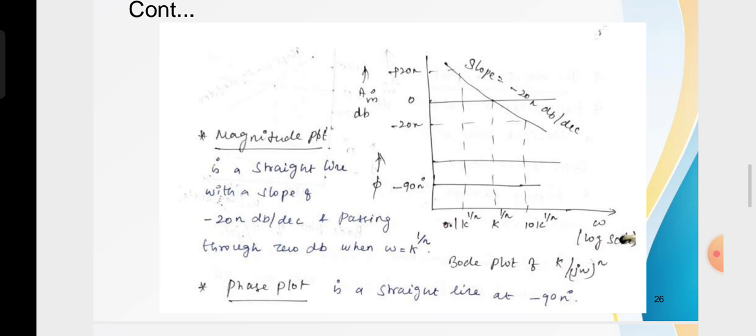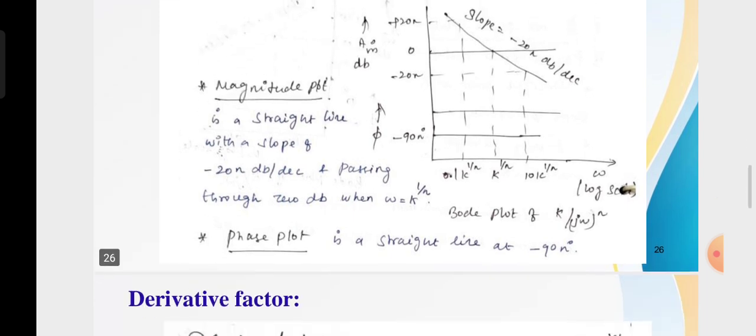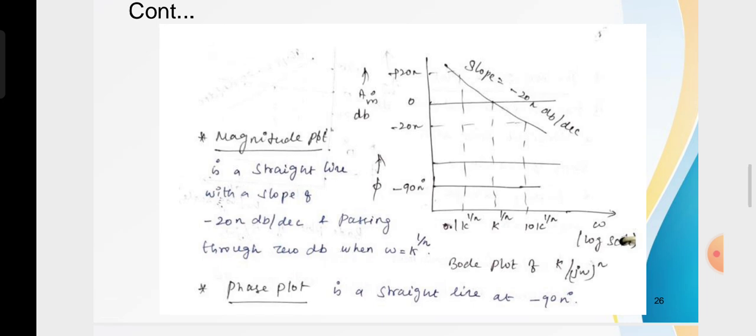When omega equal to K power 1 by n, we get 0 dB. When omega equal to 10 K power 1 by n, the magnitude of G of j omega is minus 20 n dB. Okay, so this is the magnitude plot, and the phase plot is a straight line at minus 90 n degree, independent of omega value.